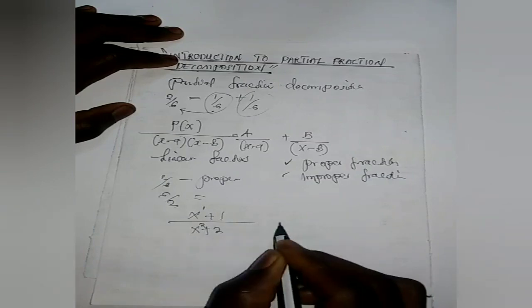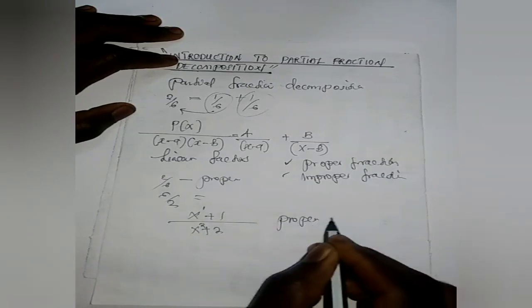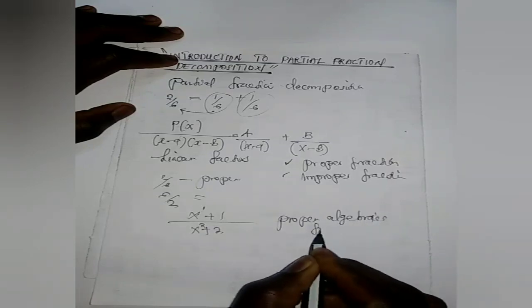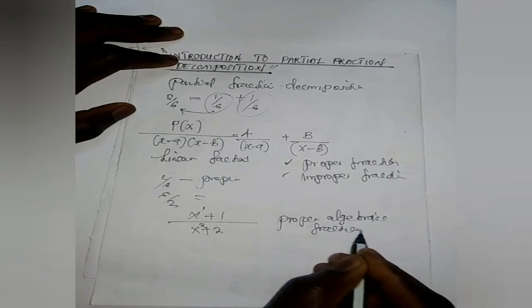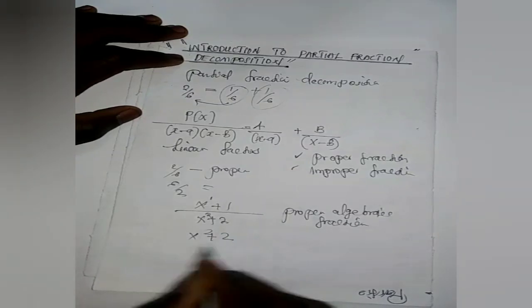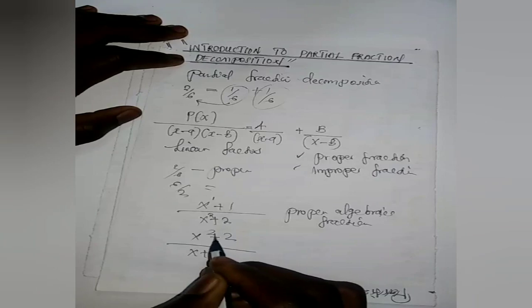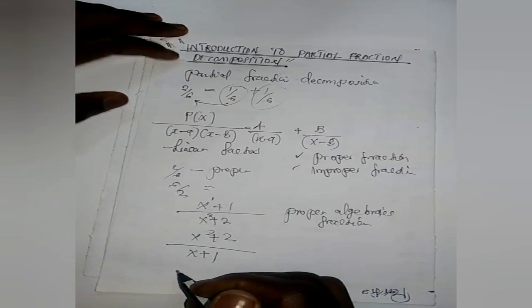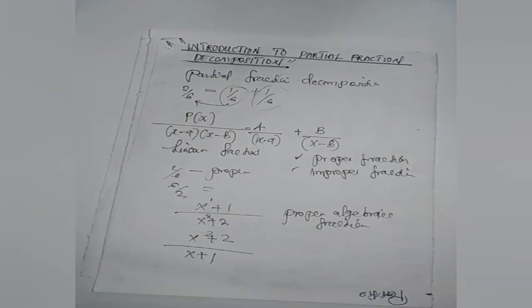So this is a proper algebraic fraction. Now, what is an improper algebraic fraction? For example, we have x squared plus 2 on the numerator and x plus 1 on the denominator. This is an improper algebraic fraction because the power of x on the numerator is higher than that on the denominator. So linear factors are simply those that make up the denominator of an algebraic fraction.